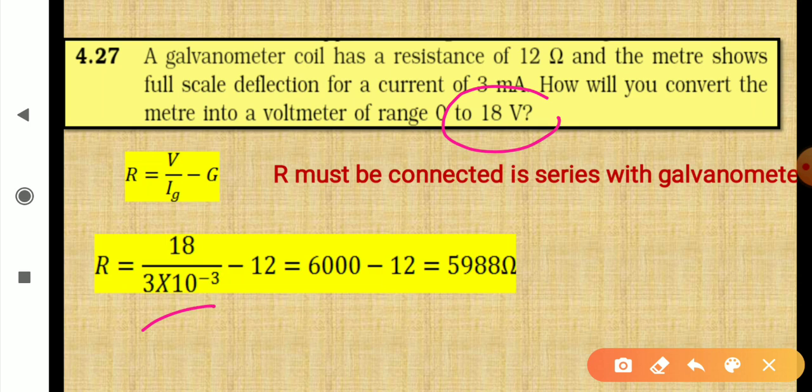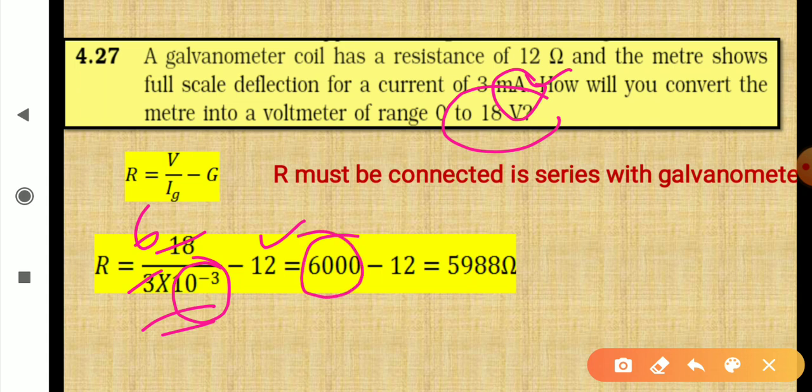The current Ig is 3 into 10 to the power minus 3, ये देखो मिली एम्पियर है, minus G. And when you simplify it, you get this, see 3 6 18 और ये 10 to the power minus 3 ऊपर जाएगा तो दे देगा आपको 6000 minus 12, this much, 5988 ohm. Very high resistance.